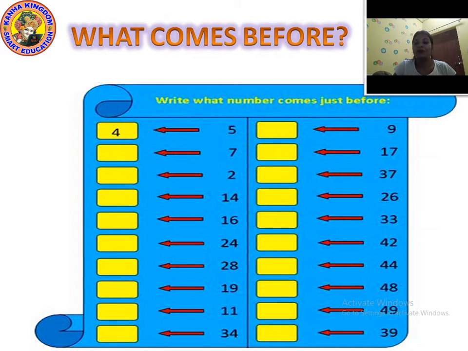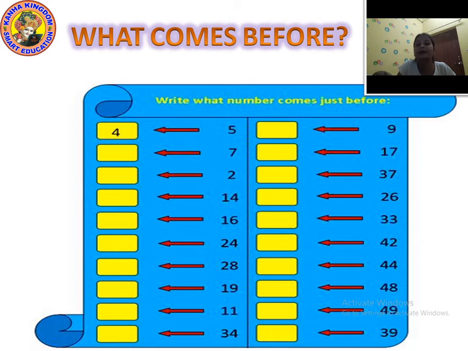Let's start counting from 11. 11, 12, 13, 14, 15, 16. So 15 comes just before 16.